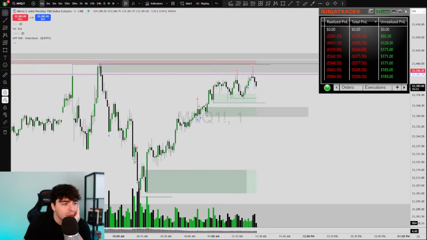If this thing does move, it's going to move very quickly. Should, at least. Which it's not right now, which is kind of annoying, but let's see.